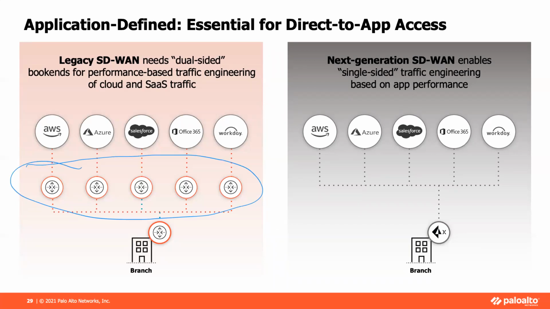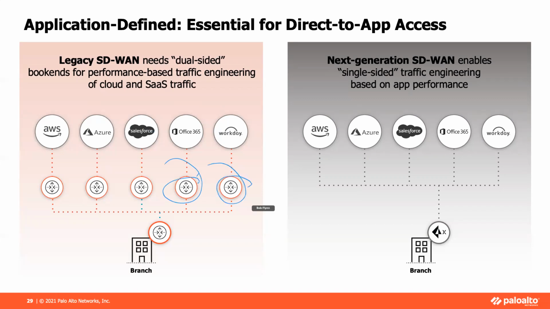Not a separate device in your data center, but a separate device in every single branch office to tell these applications apart, because there's really no application awareness. So if you want to say, well, how's Workday working versus Office 365, you'd have two different devices and send traffic through two different devices. Well, cumbersome, complex, hard to deploy, expensive to deploy.